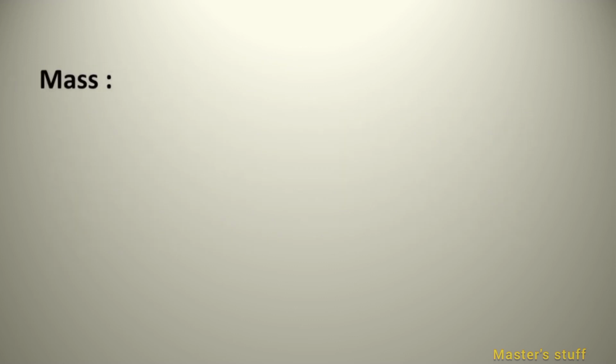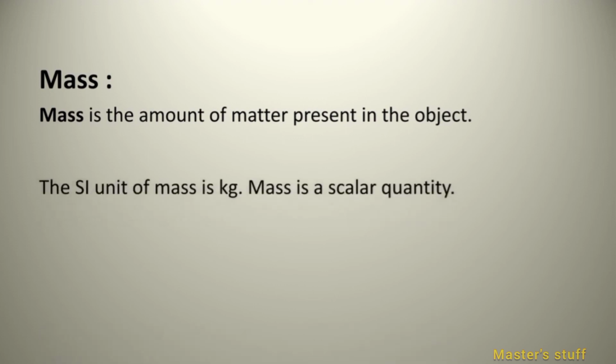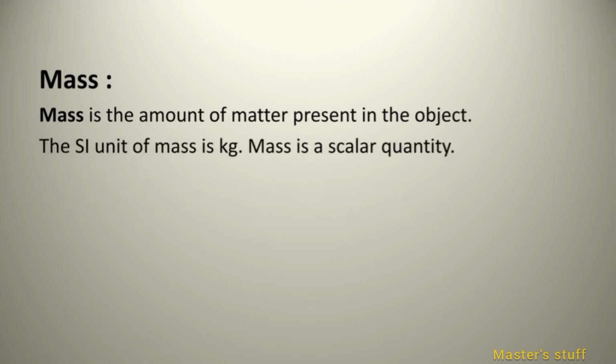Mass. Mass is the amount of matter present in an object. It is actually the composition of the matter in the body. The SI unit of mass is kg. Mass is a scalar quantity as it does not depend on any direction.